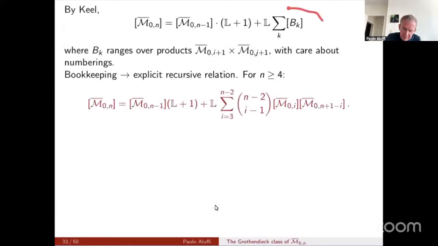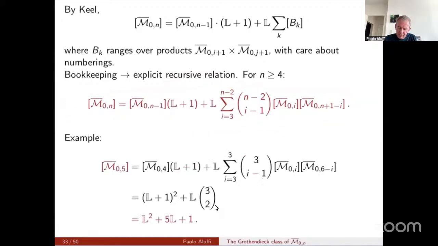And by Keel, then I have this, that M0,n bar is M0,n-1 bar cross P1, and that's its class, plus stuff that comes from products of lower stages in the construction. Once you do the bookkeeping, it's really not hard to show that this is what happens. There's some combinatorics that you have to deal with, but once you know the big picture, now M0,n bar is obtained from the lower level by this kind of construction, then you cannot fail from doing this right.